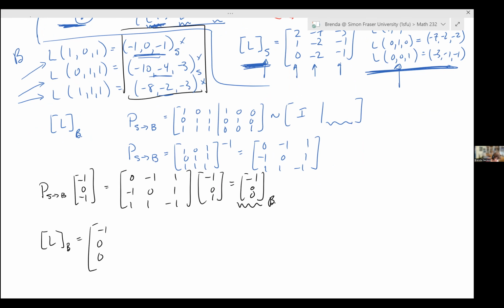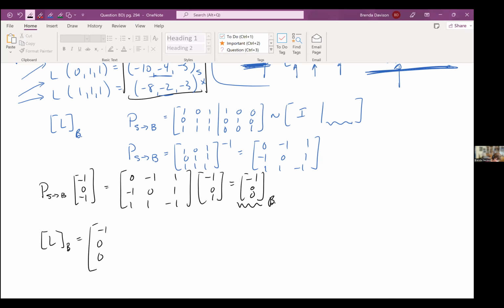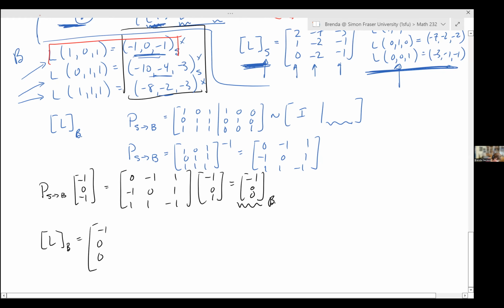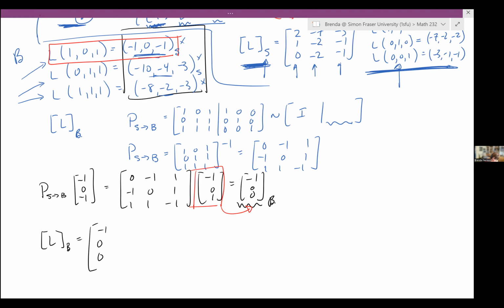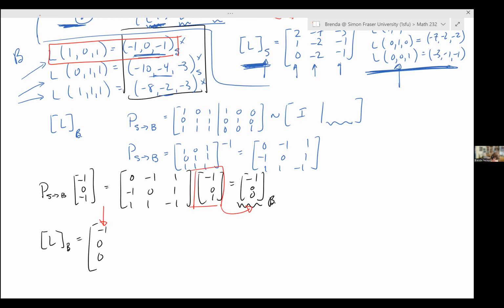What happened to the basis vector? Take what happened to the basis vector and do a change of coordinates. That is that column. Okay, and exactly the same thing for the other two.